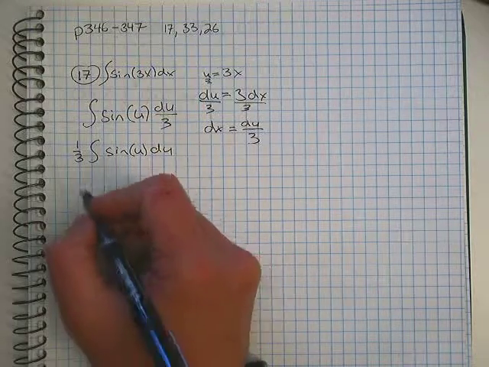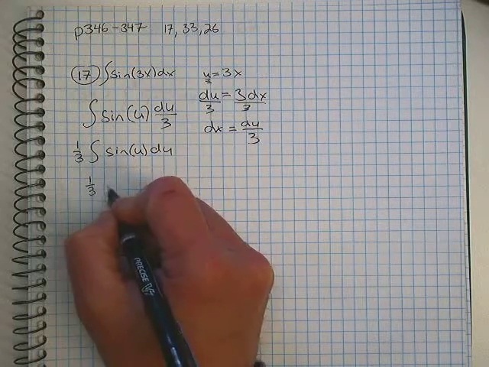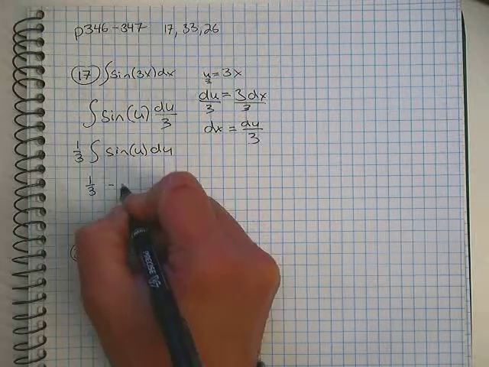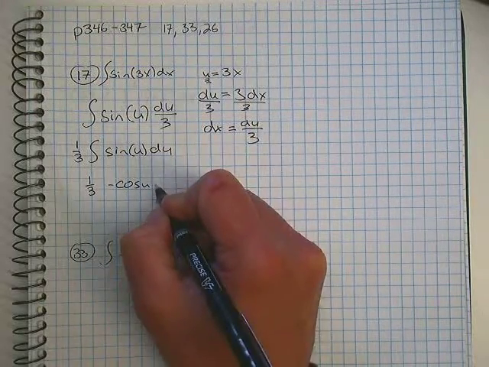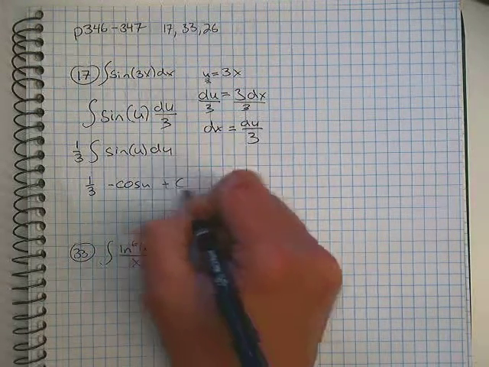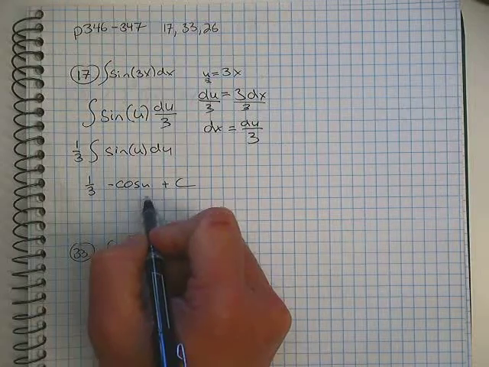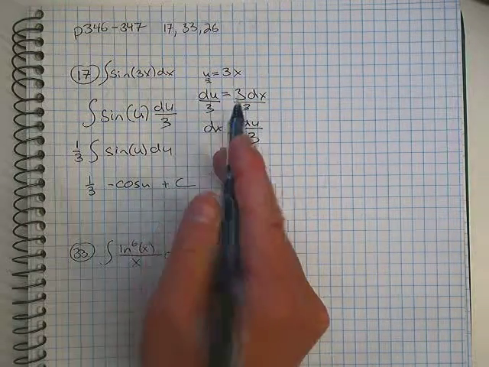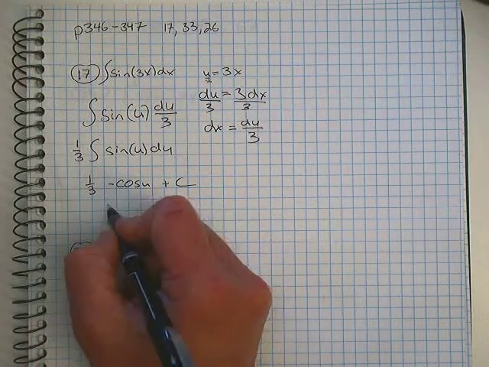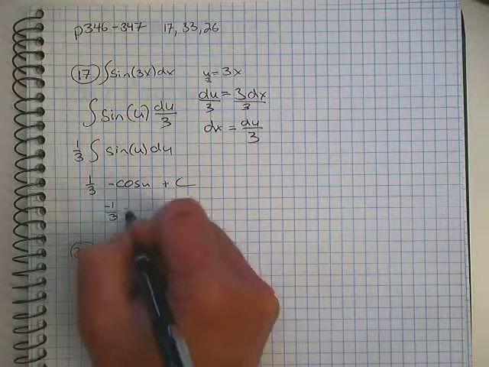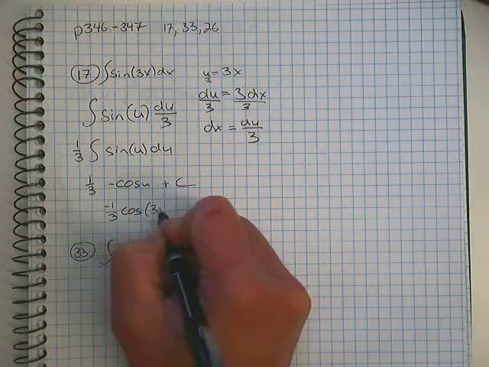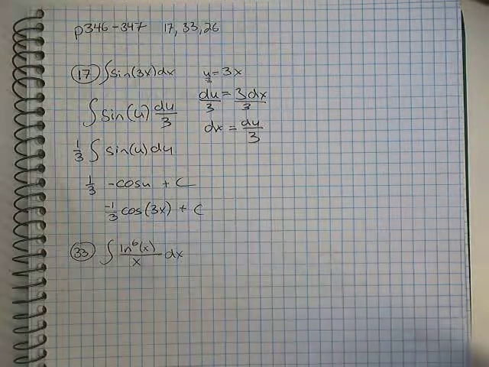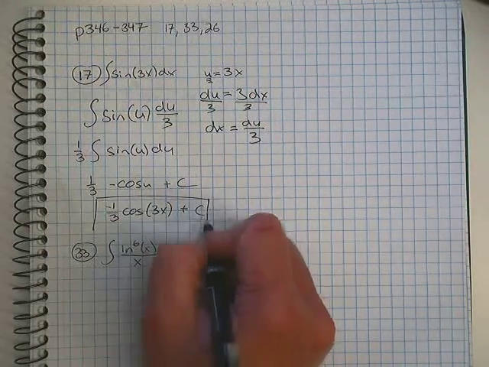The antiderivative of sine of u is negative cosine u, so we get negative 1/3 cosine u plus c. And the very last thing you want to do is replace that u with that 3x. So this becomes negative 1/3 cosine of 3x plus c.